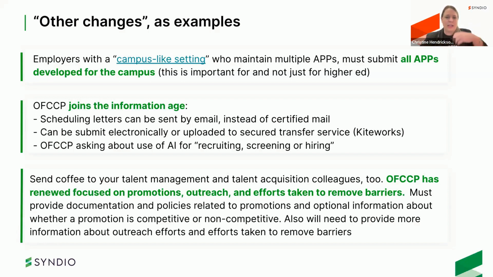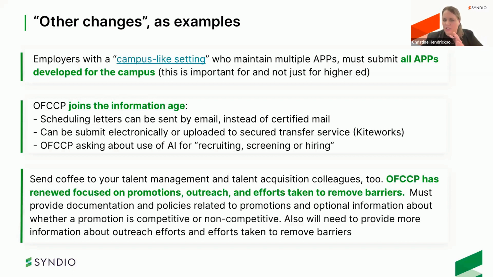You may have corporate folks in one office building, a distribution center, and an R&D facility, and you may have historically created separate affirmative action plans for each of those locations. Now with the new scheduling letter, you actually have to submit all of those affirmative action plans for all of those locations. So that's a big change.